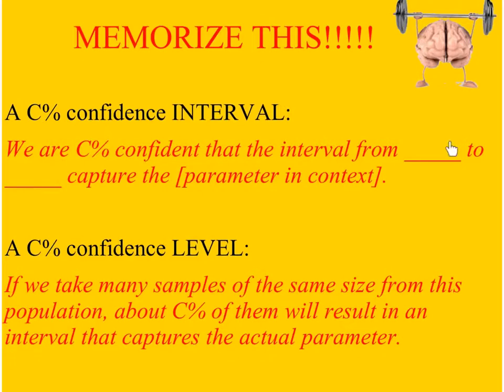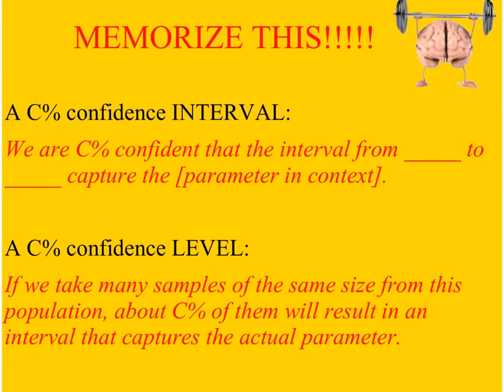I didn't mention anything about 0.4 and 0.44 because what this is saying is if I sent out 100 people to do the same thing, they all went out and interviewed 3,000 high school students, they would come back, 95 out of those 100 people that I sent out to take surveys, 95 of their intervals would capture the actual parameter. And that's why it doesn't mention the 0.4 and 0.44 here.